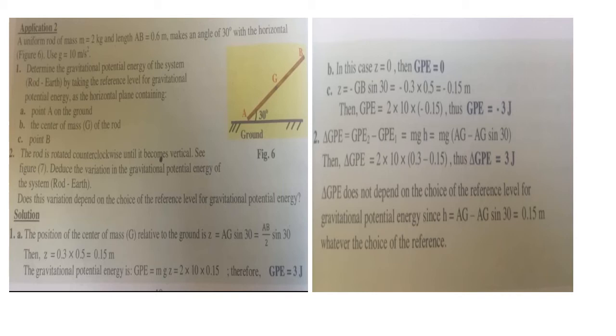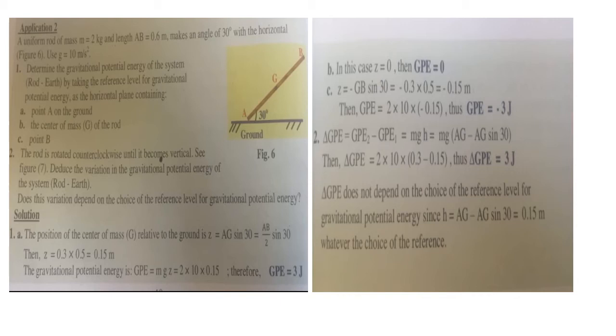In number 2, the rod is rotated counterclockwise until it becomes vertical. Now, deduce the variation in the gravitational potential energy of the system. Variation means the final minus the initial.